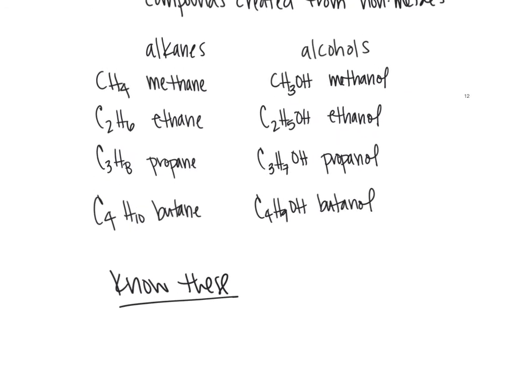You want to be able to know the name and the chemical formula for these alkanes and alcohols. These are simple organic molecules, and we will encounter them often. So you need to memorize the common ion table and these simple organic molecules.